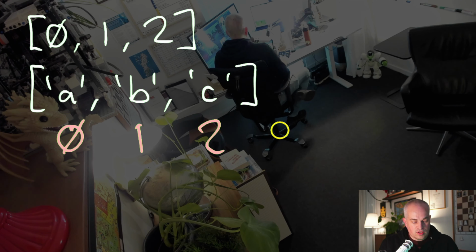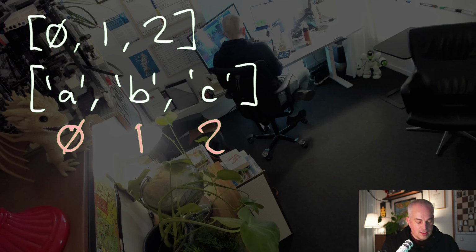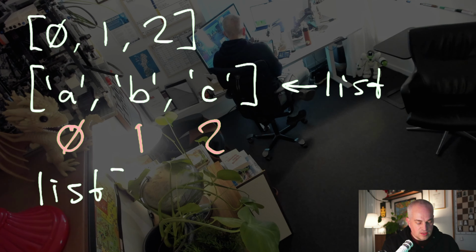So that's an important concept. In many languages, the typical way to do that is, if this is called a list, then you would access index 0 by writing list and then brackets 0. So that would access the A in this case.